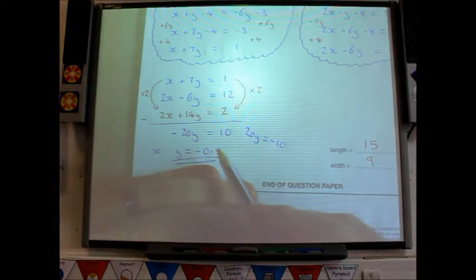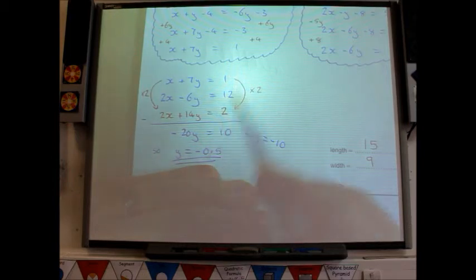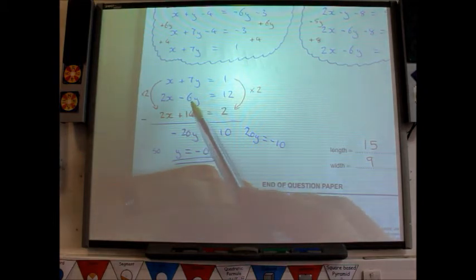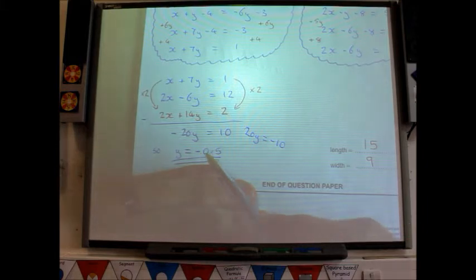Now, if you know y is minus 0.5, all you've got to do, and I say all you've got to do as if it's really easy, but all you've got to do is substitute this value into any one of these things here. So I'm probably going to choose this one because I know that 6 lots of that is going to give me a whole number. Although it is negative, so I'm probably asking for trouble. But anyway, 6 lots of minus 0.5 would be minus 3.